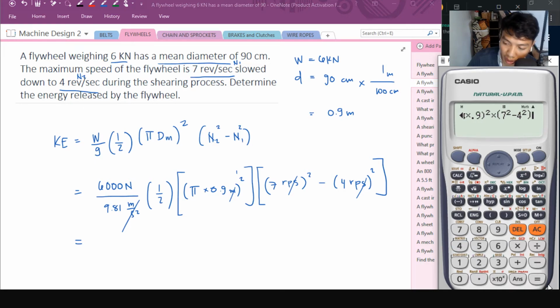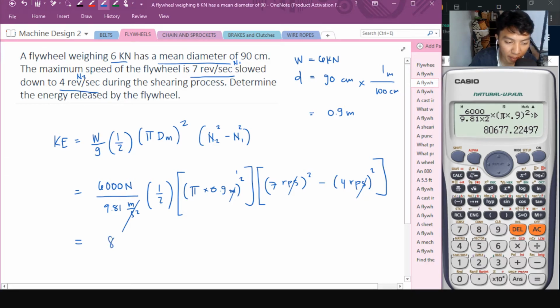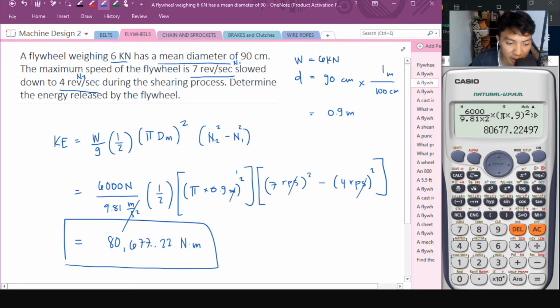So, the answer there will be 80,677.22 Newton meter. That is the energy that is released. Or that is in joules. Diba? Newton meter is equal to joule. 1 Newton meter equal to 1 joule.